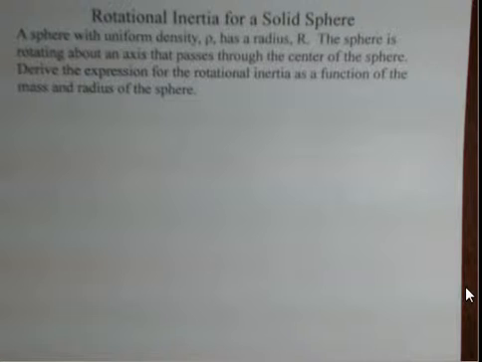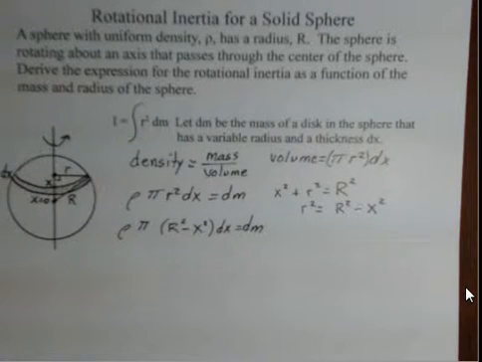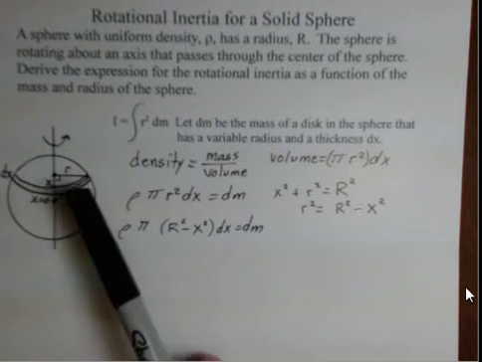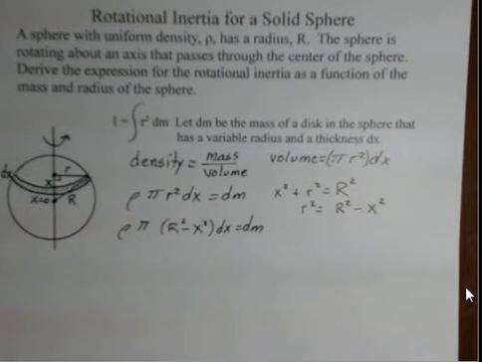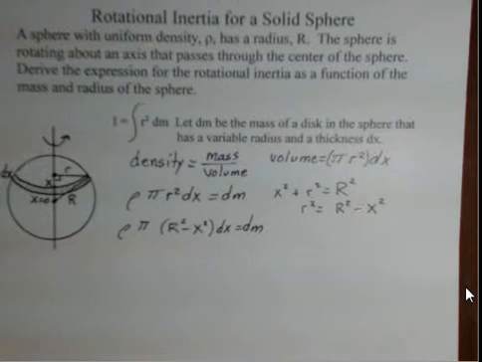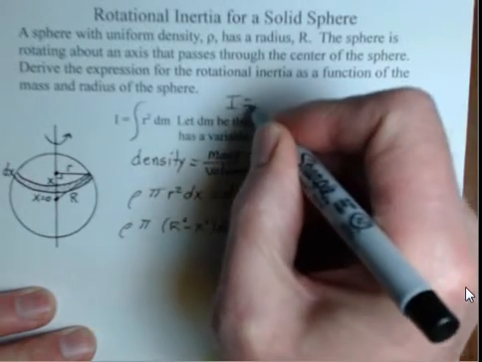And we want to come up with an expression that's a function of the mass and the radius of the sphere. So I'll review a little bit here, starting with the picture over on the left, we have a sphere. Our situation is that we need to add up all the contributions of some infinitesimal mass times r squared as our basic expression for the rotational inertia.